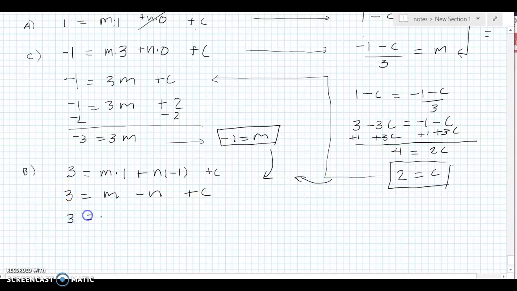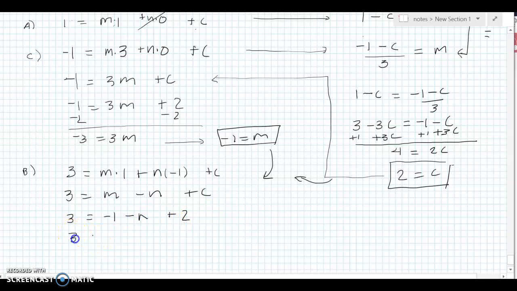And I get 3 equals minus m, which is minus 1. There's the minus n, and here's plus 2 for the c.